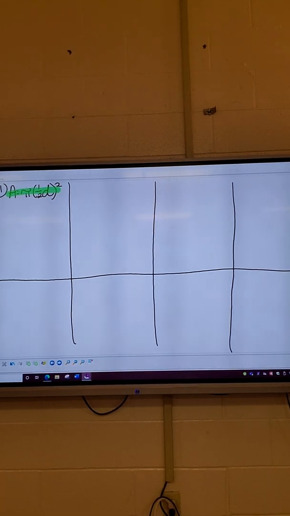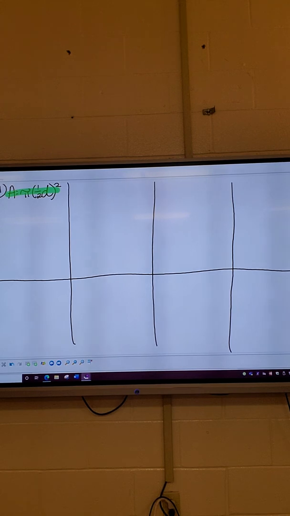Area is yellow to him, and circumference is purple. In Abby's brain, area is blue, and circumference is kind of a dark pink purple.